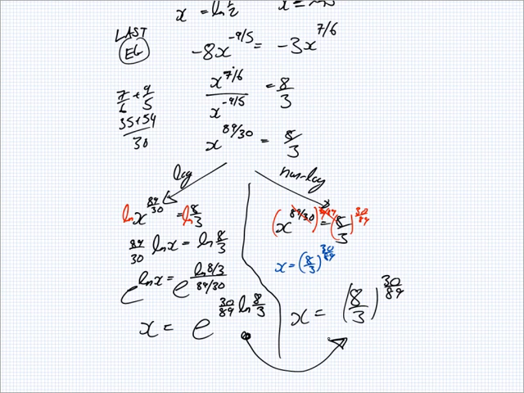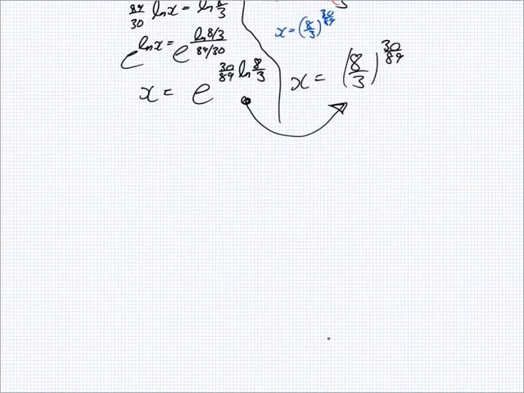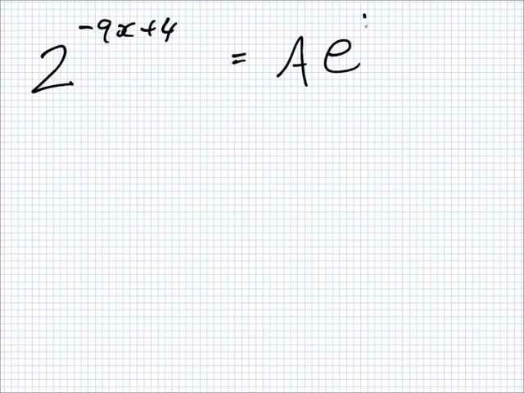Okay. Continue. So look, next one now requires the rule I just showed you, if you want to call it a rule. 2 power minus 9x plus 4. So what I'm saying in this question is, it's always possible to write something like this in the form a e to the power b x for some a and b.